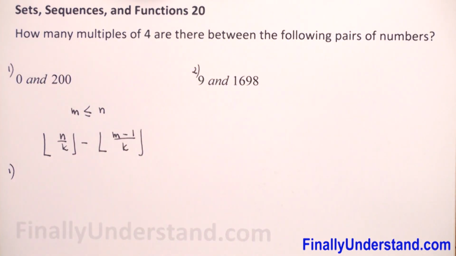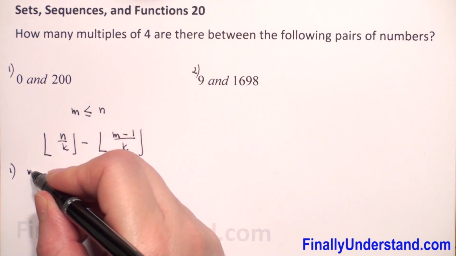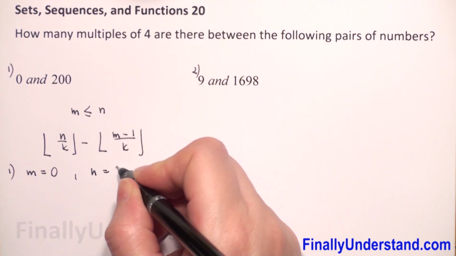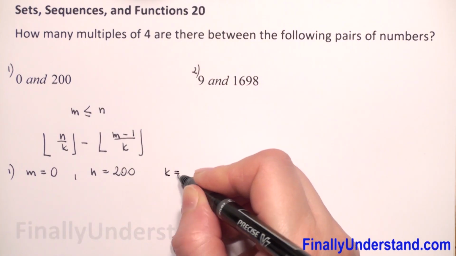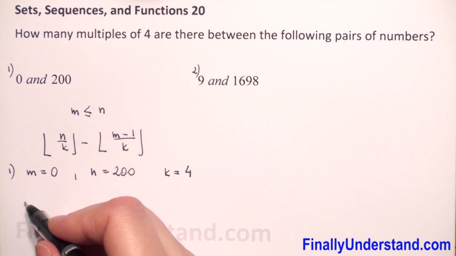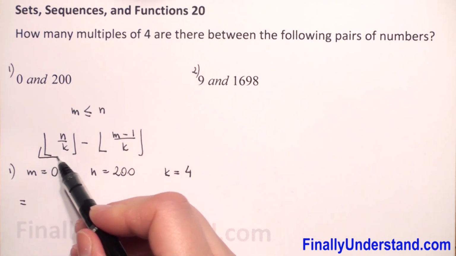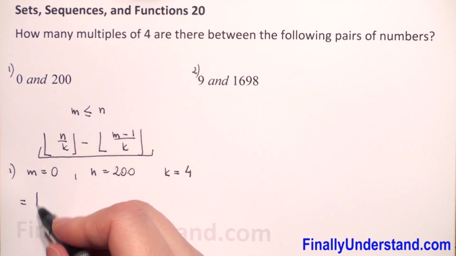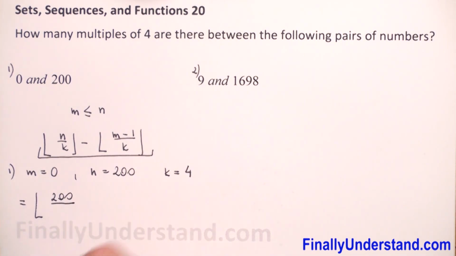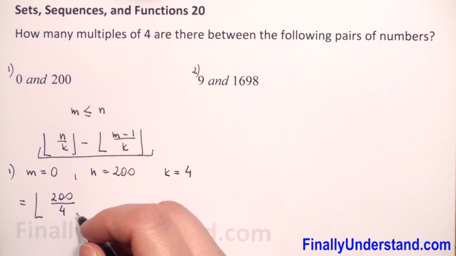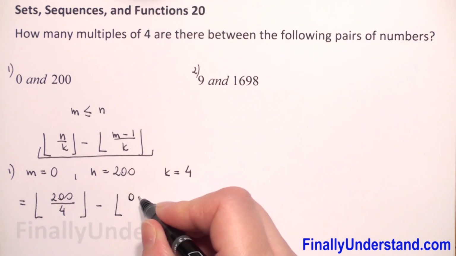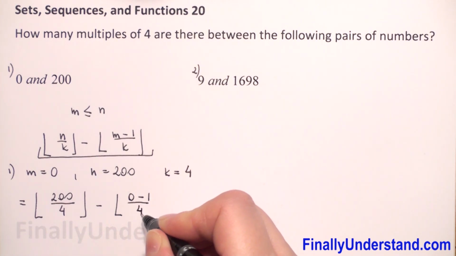So in the first example, our m is equal 0, n is equal 200, k is equal 4. So we have to use this formula. We have floor of n over k, so we have 200 over 4 minus floor of 0 minus 1 over 4.